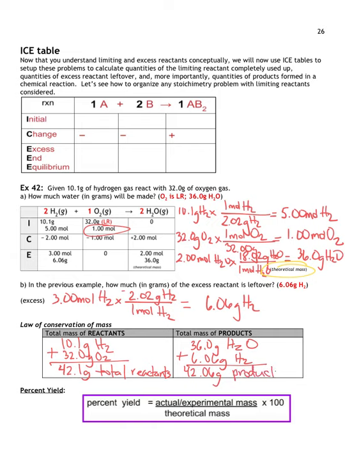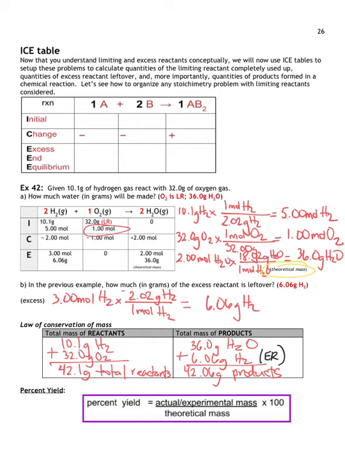Now notice these two values are pretty close, and they are. And so by the law of conservation, mass is conserved between the reactants and the products. But it's important for you to make sure you include that excess in your product for that mass to be conserved. So the excess reactants and the mass of that excess reactant.